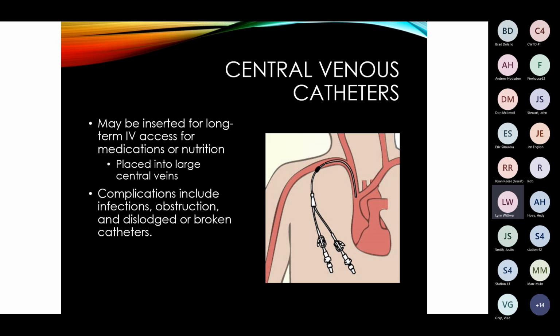Central venous catheters like PICC lines are inserted for long-term IV access, placed into large central veins, and complications include infections and obstructions. The catheters can be broken or dislodged. Once again, this is not something we treat. We'll transport and treat any symptoms or issues you find with the patient at that time. Generally speaking, if they have an infection, it will be obvious. They may be septic from that.